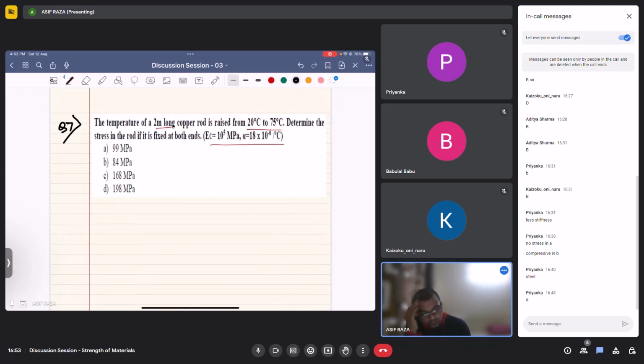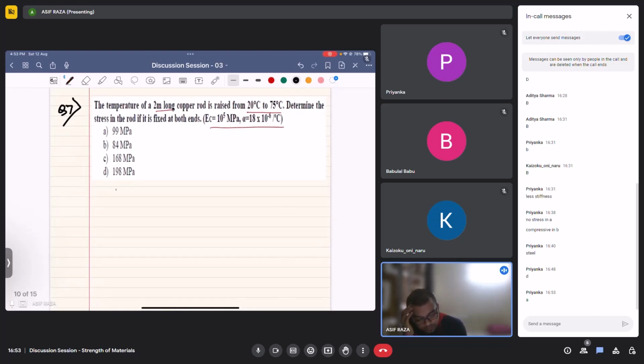Meanwhile, I'll write all the data provided here. Length l is 2 meters, that is 2 into 10 to the power 3 mm. Young's modulus is 10 to the power 5 MPa.